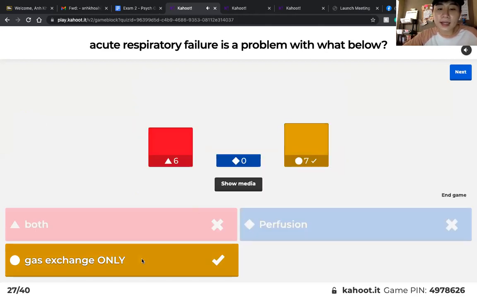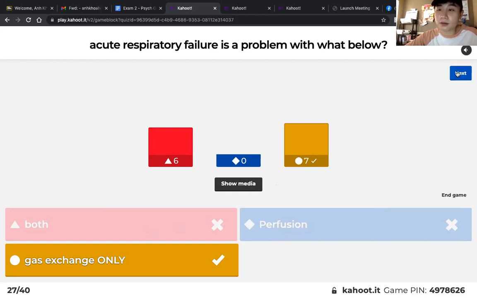So it will be gas exchange only. I think this is a wrong question. I would say both, perfusion as well, because it relates to oxygenation and providing oxygen to the body. So ARF would be both gas exchange and perfusion.